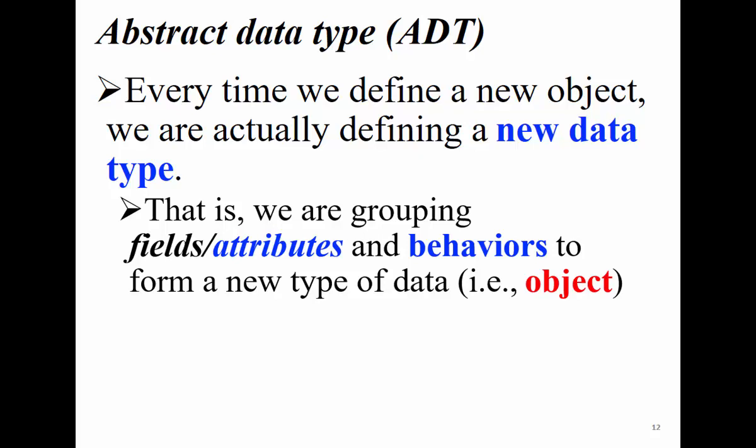This data type contains some fields, attributes, and also behaviors, a set of methods. And we use the new keyword to create a new object from this data type. A String is an object data type, while int is a primitive data type.